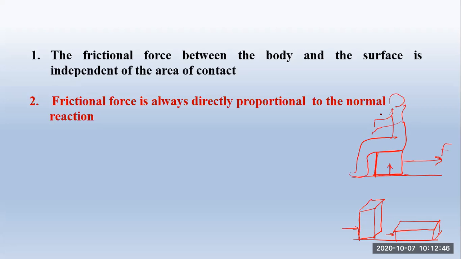Because of his weight on the box, the normal force will increase. As the normal increases, the friction will increase and it will become difficult to move this object. That is what is said in the second statement. The friction force is directly proportional to normal. So if normal here is increased, the friction has to increase.